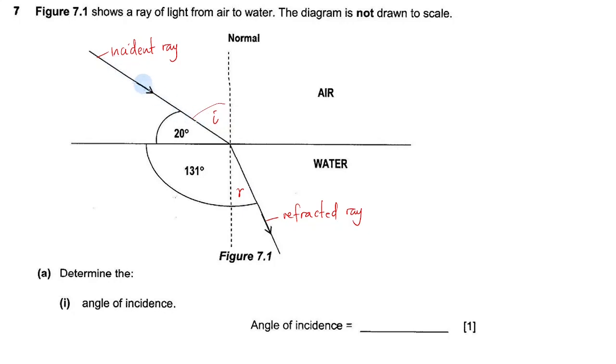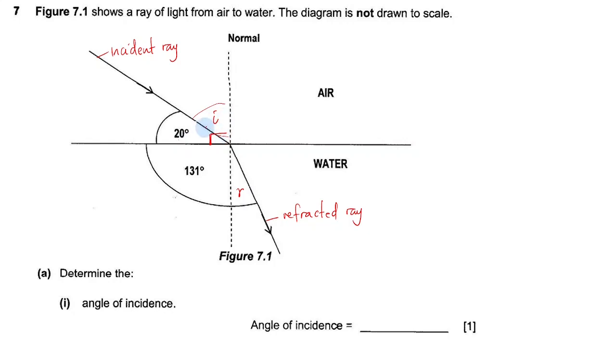The angle here R is called the angle of refraction. This angle between the incident ray and the normal becomes the angle of incidence. The angle of incidence can be found if we consider the angle between this boundary and the normal. This angle here is a right angle, meaning it's 90. But we have been told that from this incident ray to this boundary is 20.